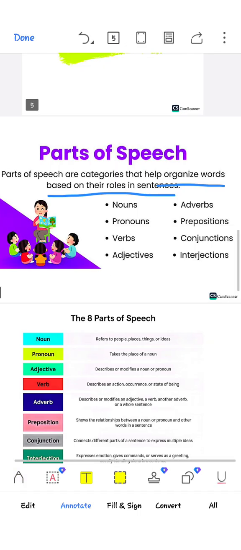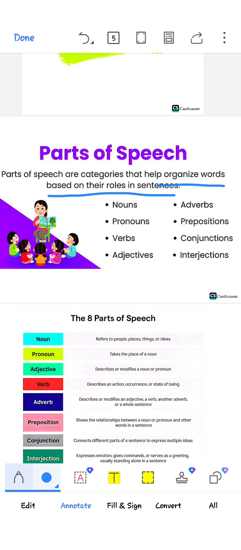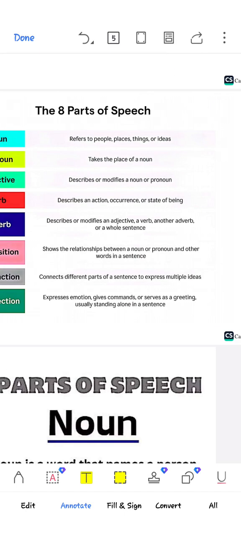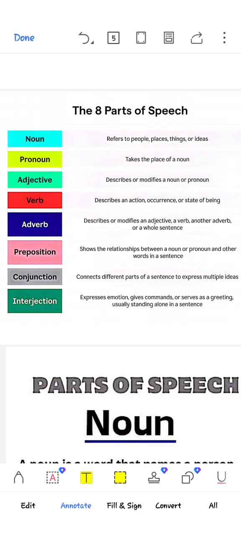Okay, there are basically 8 parts of speech: noun, pronoun, verb, adjective, adverb, preposition, conjunction, and interjection. In your previous classes, you have already studied these parts of speech. Now in class 7, inshallah, we will discuss these parts of speech in detail.